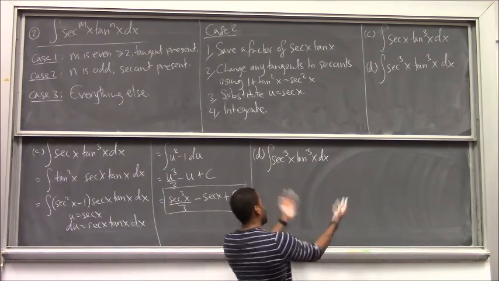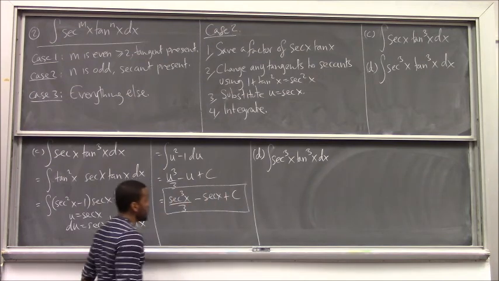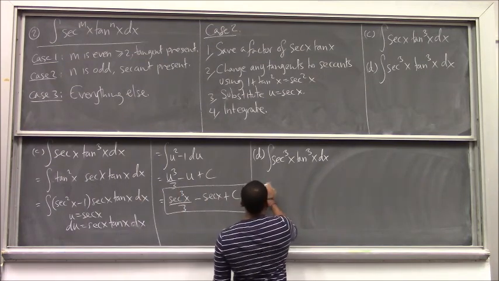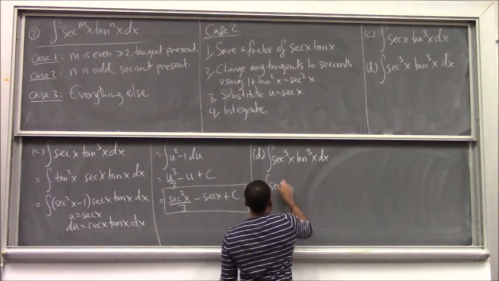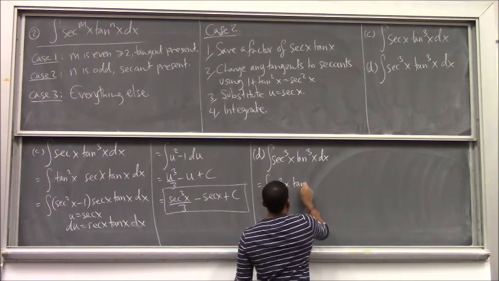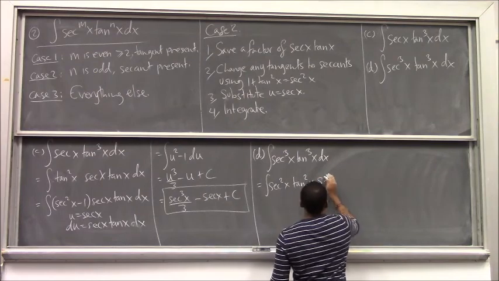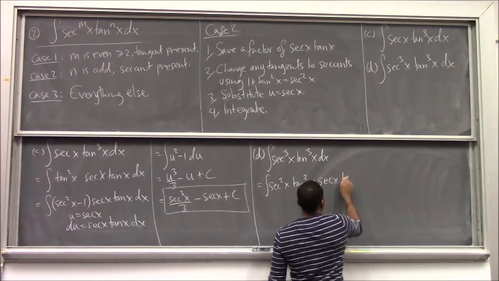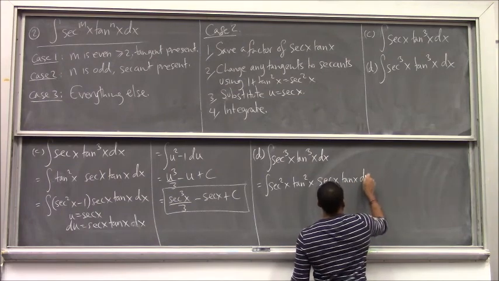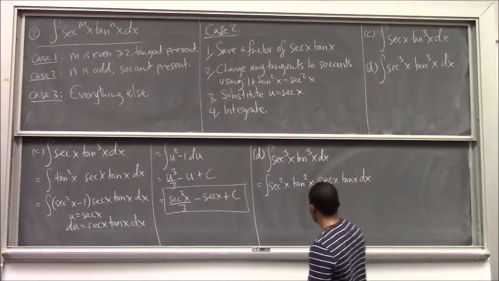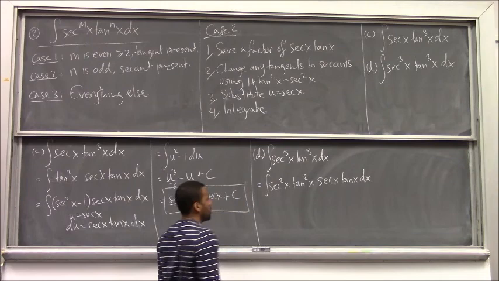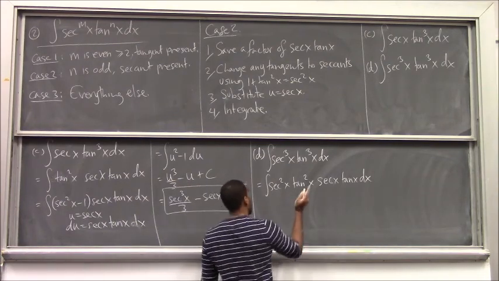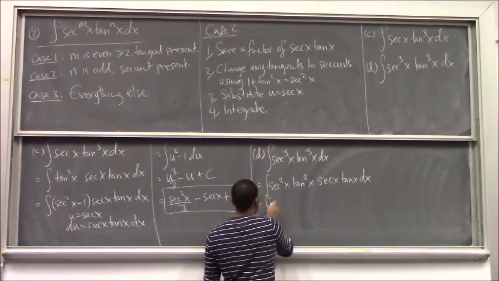So again, secant cubed, tangent cubed, the power of tangent is odd. So we're going to save the factor of secant tangent separately. Going to change all remaining tangents to secants.